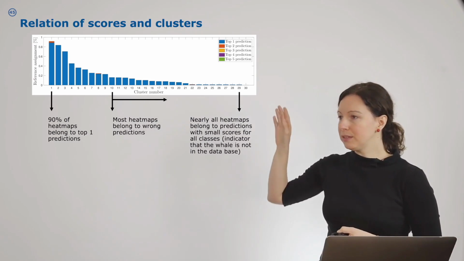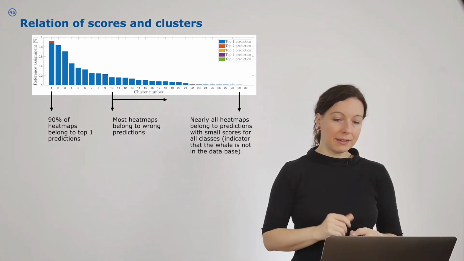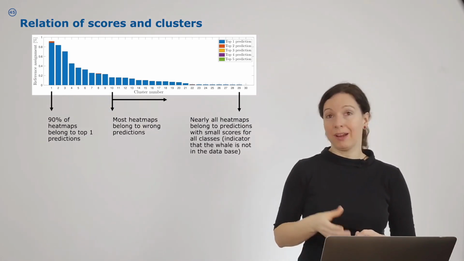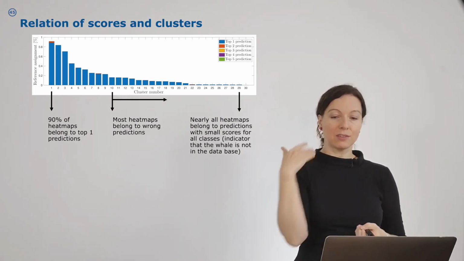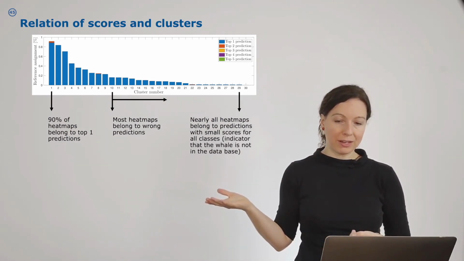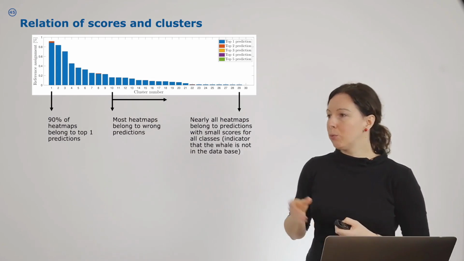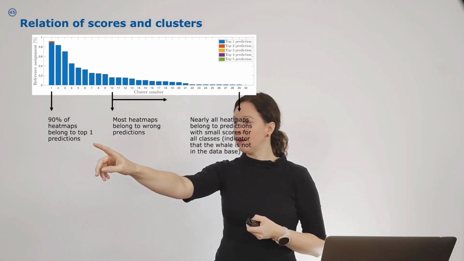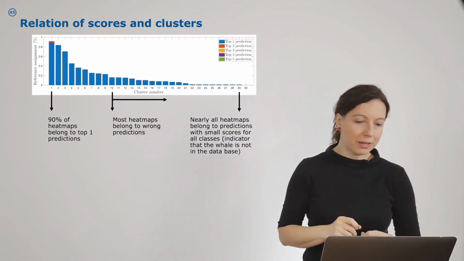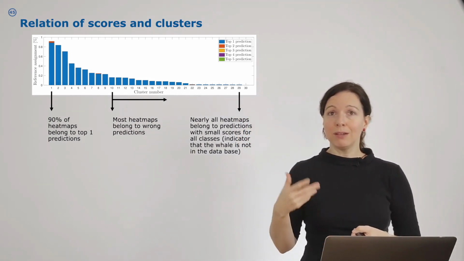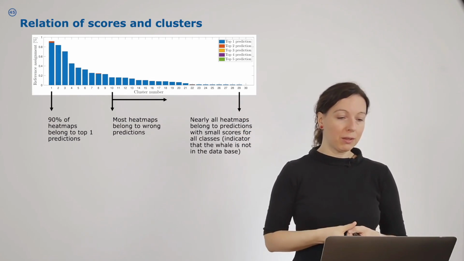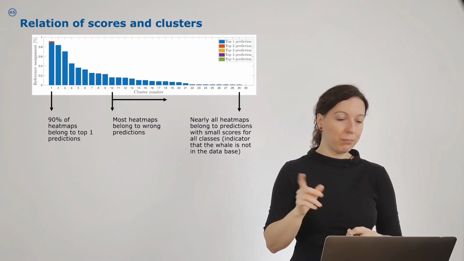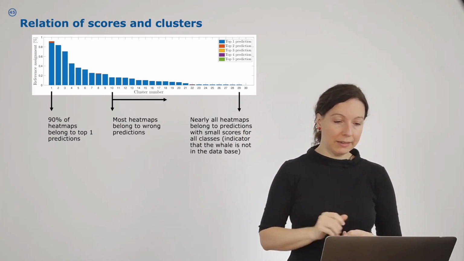What we plotted here is the cluster number versus the number of correct assignments, and the clusters are sorted by the number of correctly assigned whales. What is interesting is that you have a cluster which contains more than 90% of all heat maps that belong to top 1 predictions.